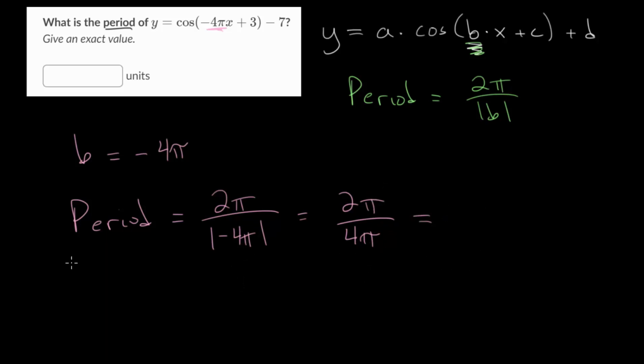Now the pi's will cancel out, so that we just get 2 over 4, which simplifies to 1/2. So the period of this cosine function is 1/2.